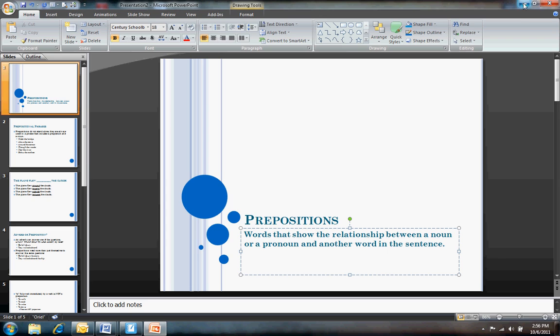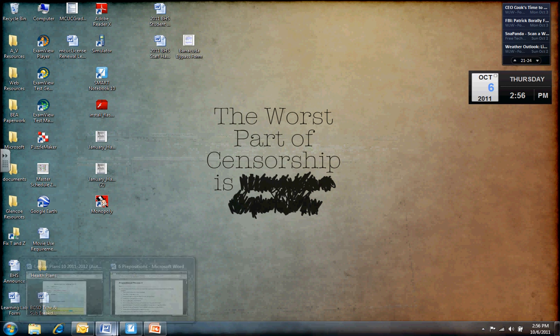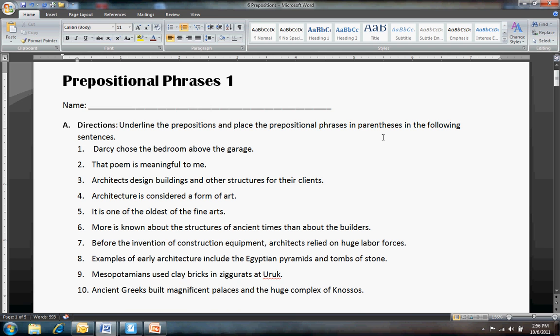Now, one of the things that I am going to ask you to do first is to find prepositional phrases within sentences. I'm going to ask you to do two things. First, underline the prepositions, and then place the prepositional phrases within parentheses. So in number 1, the preposition is above, and you just check your list of prepositions.